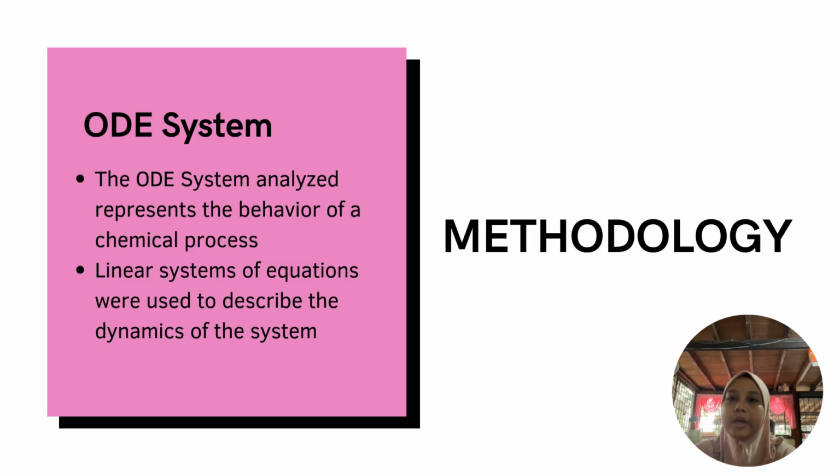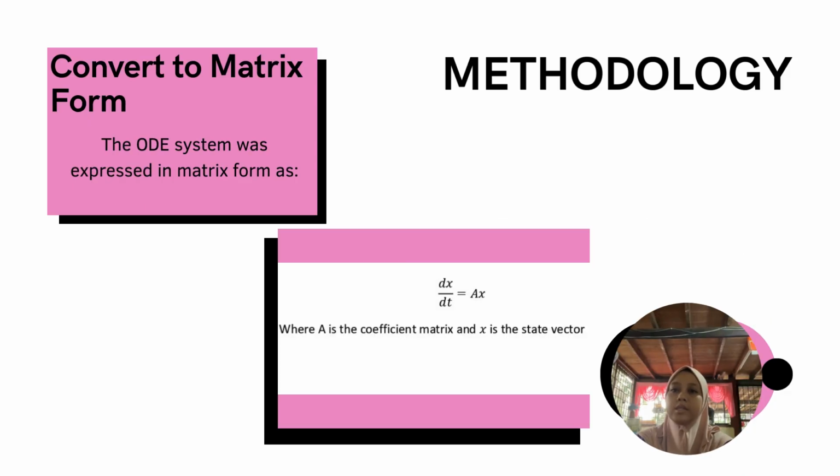We begin by representing the chemical process as a set of ordinary differential equations. This equation describes the dynamics of the system over time. To make the system easy to analyze, we express it in a matrix form as dx over dt equals Ax, where A is the coefficient matrix and x represents the state vector.